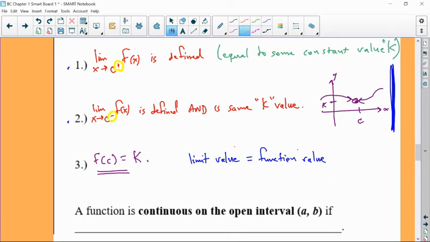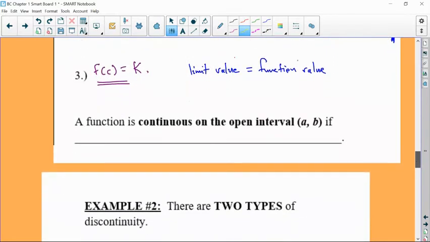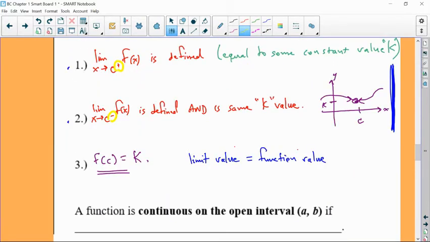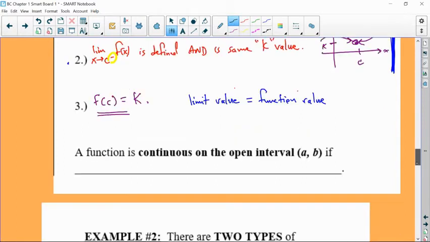Now, in this course, we will be proving continuity at a point. But if you could prove that you're continuous at every single point on an interval, then you could say that you were continuous on that whole interval.